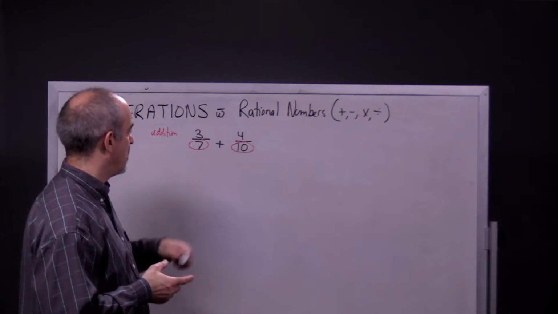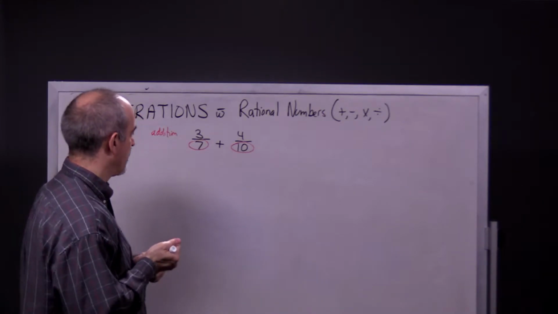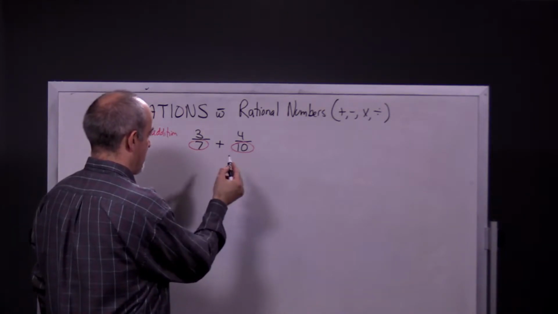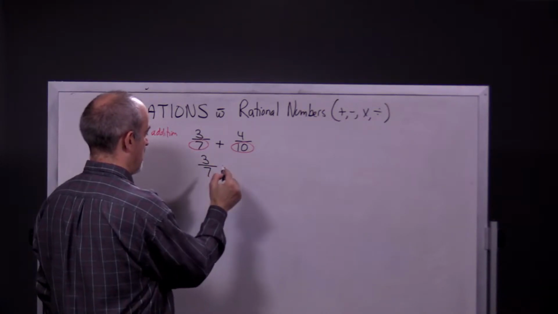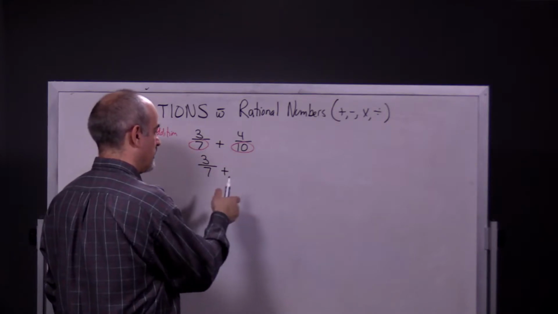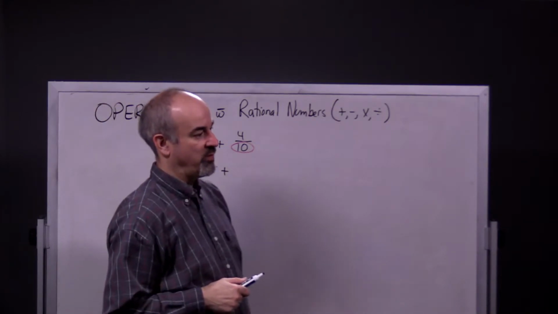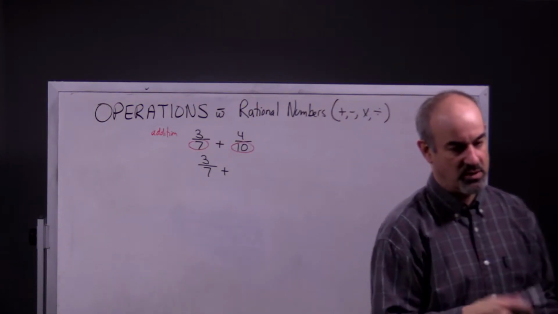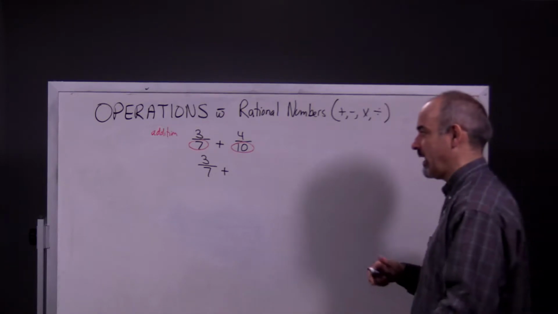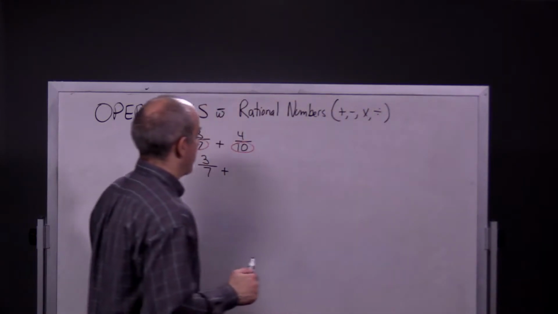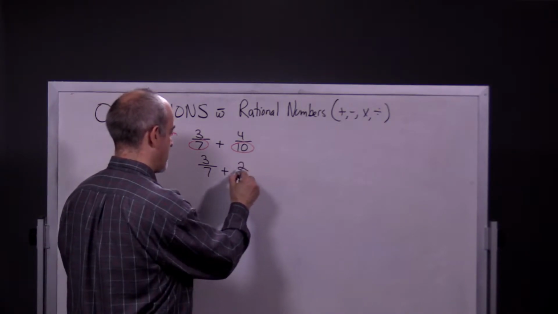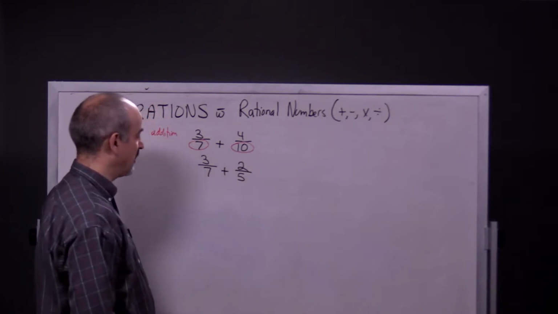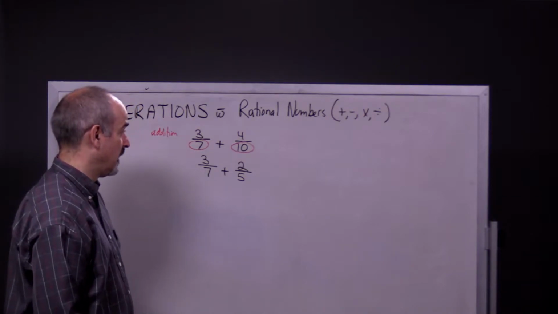So one thing you could do first is simplify everything. Well, 3 over 7 is already simplified. You could figure that out if you found the GCF of 3 and 7 is 1, which means you can't simplify it. 4 over 10, though, 2 goes into both. So this is actually 2 over 5.